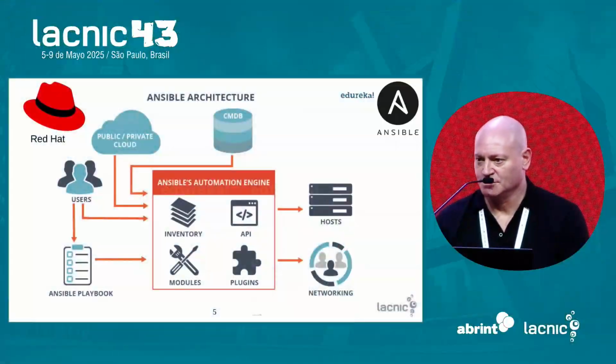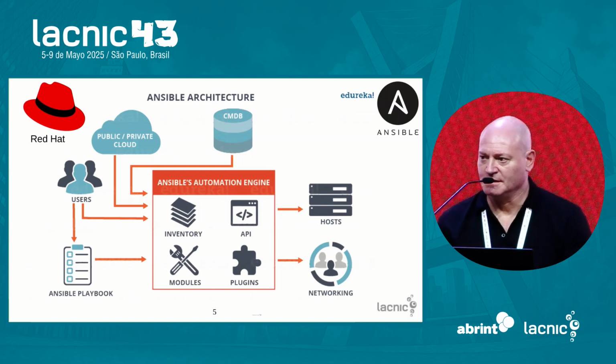Now, if we check the architecture of Ansible, originally it's a Red Hat project, but they were released from Ansible and they took over another that is called Tower. It's a project that is not open and it's not free.